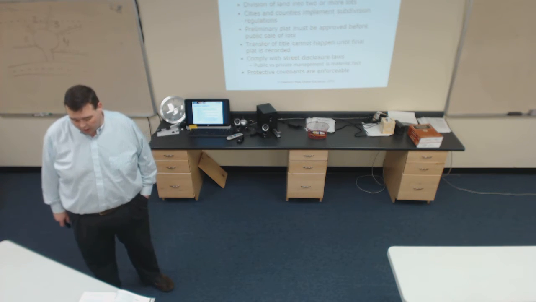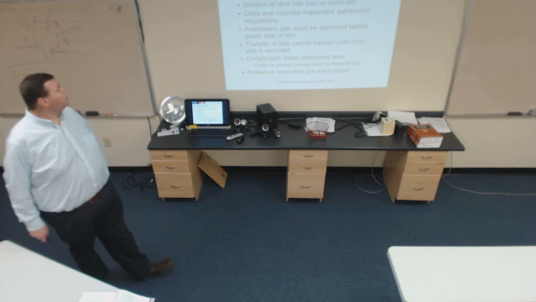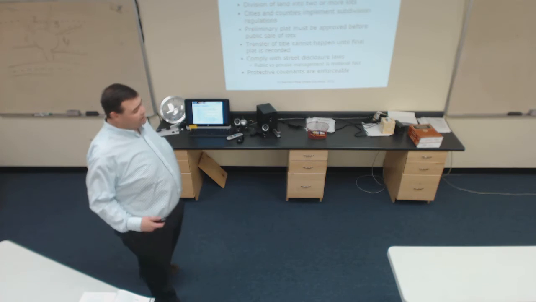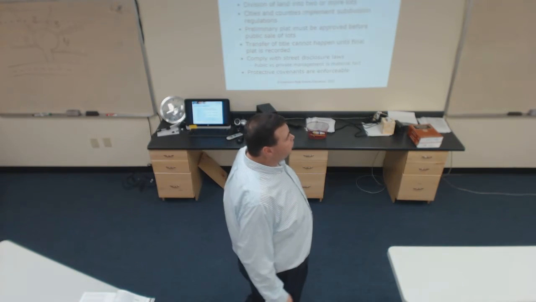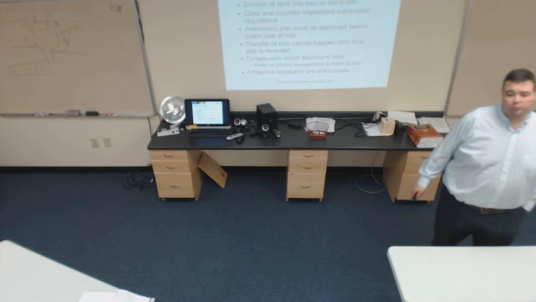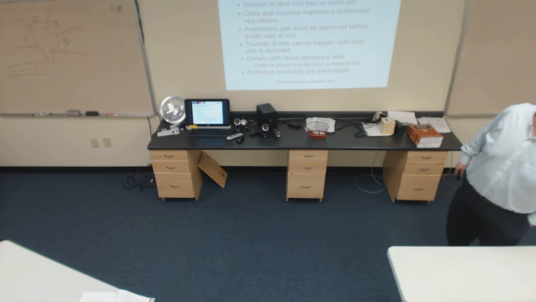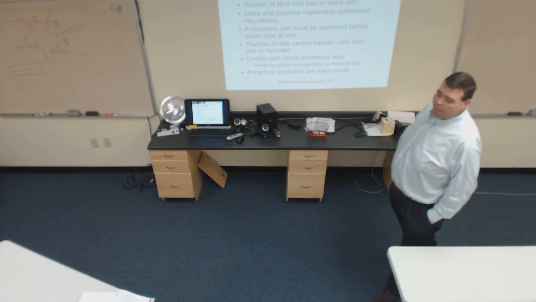Okay? So you need to know the process for creating a subdivision. Specifically, you need to know what's up here on the screen. Cities and counties have their own rules, but the rules are all basically the same. That third bullet point down is probably the most important point in the development of a subdivision. Okay? What does it say has to be recorded?